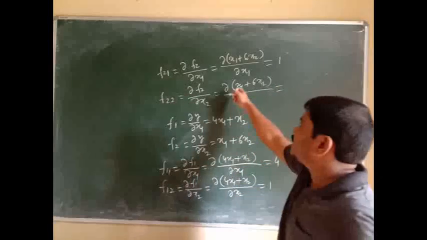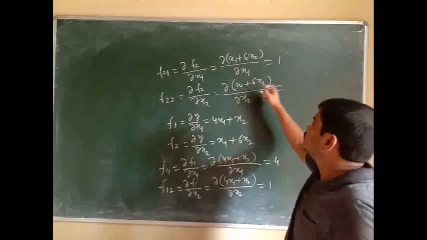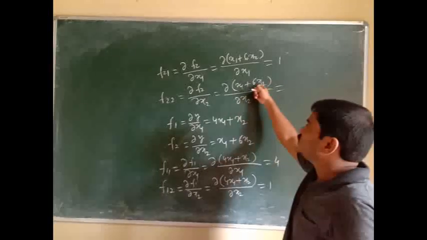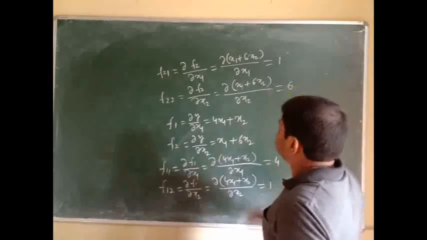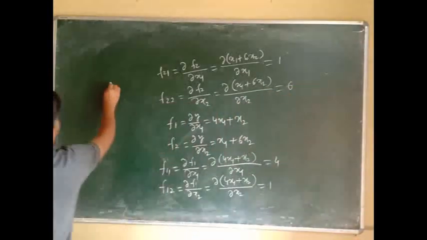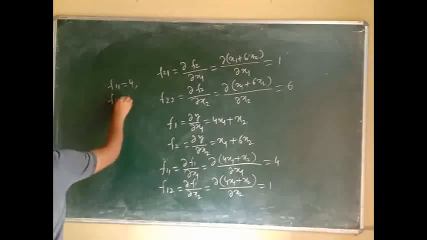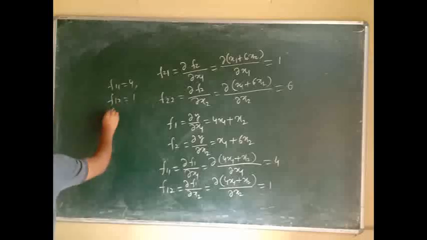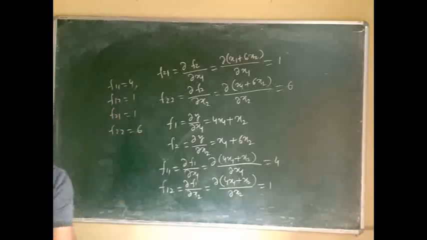Here x1 is constant, so with respect to the variable it will vanish. Now 6 is constant, and x2 is our variable, x2 with respect to x2 will be 1, so we have only 6. So finally our f11 is equal to 4, f12 is equal to 1, f21 is equal to 1, and f22 is equal to 6.